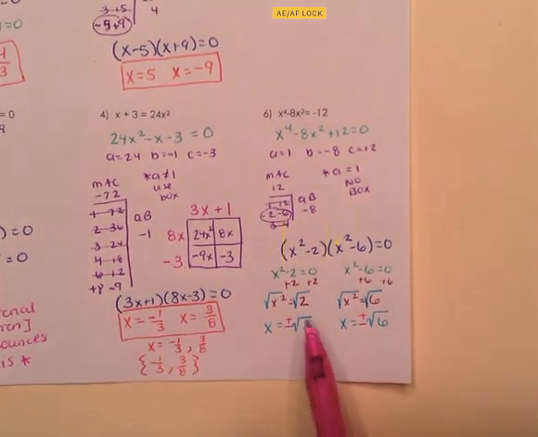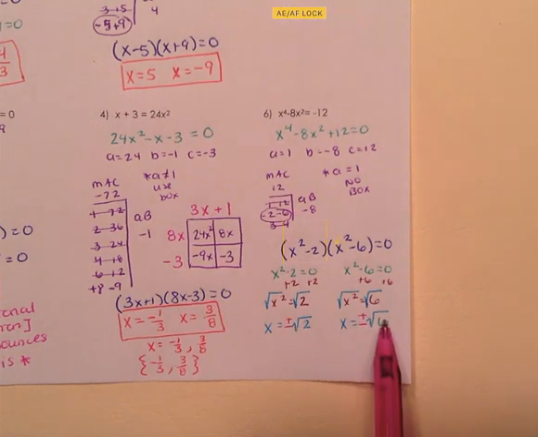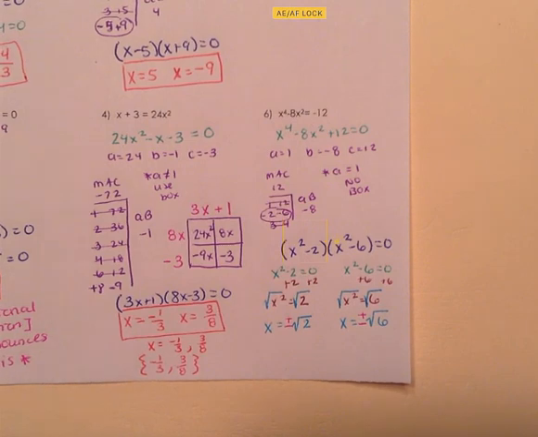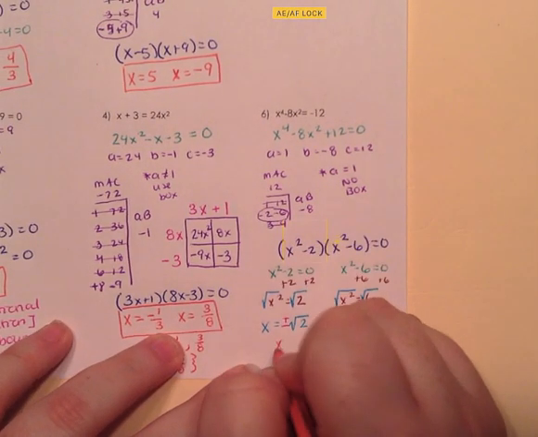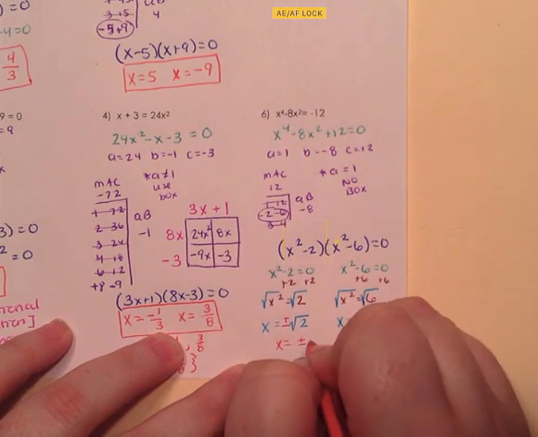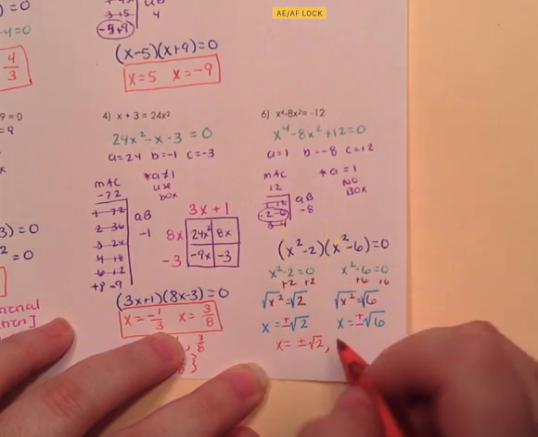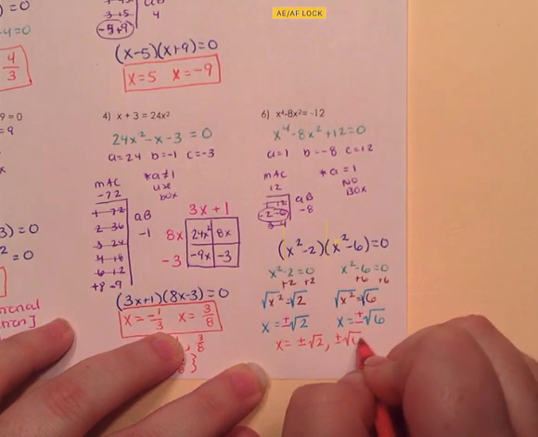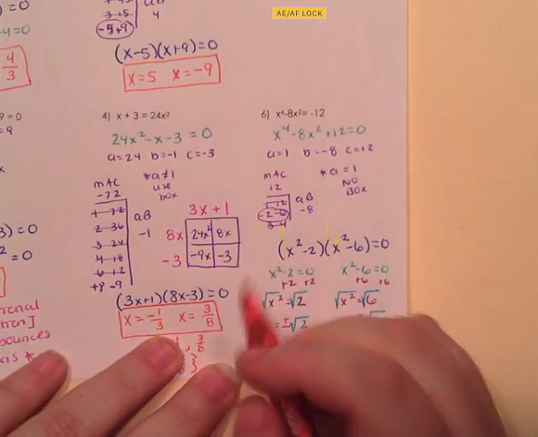So now we actually have 4 values. We have the positive square root of 2, the negative square root of 2, the positive square root of 6, and the negative square root of 6. So the way we can write our answers is x equals plus or minus the square root of 2, comma, plus or minus the square root of 6, because those are our 4 answers.